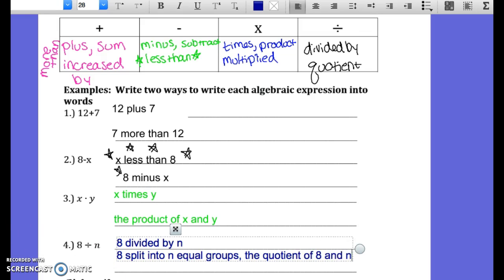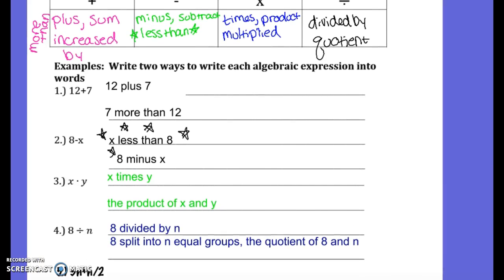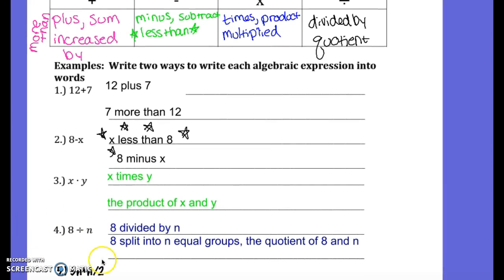Now the last one on here is number 5. Whenever I see 2 operations, I always talk about them first. So because this middle operation is a plus, I would say the sum of, then let's talk about here. What is this? This is multiplication.